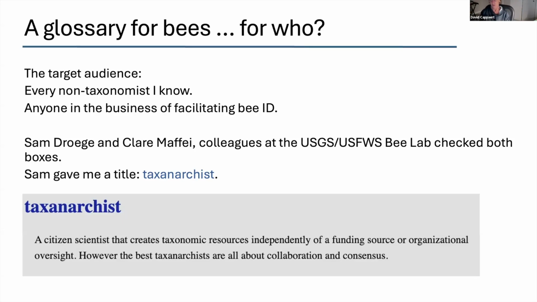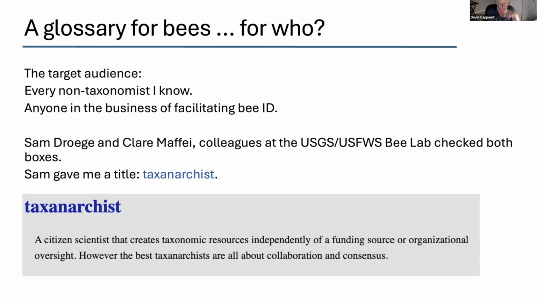And so Sam and Claire connected me with a lot of non-taxonomists, and they themselves know a lot, so they're the kind of people I want to work with. And it was with Claire Maffei that I started working on this glossary thing.